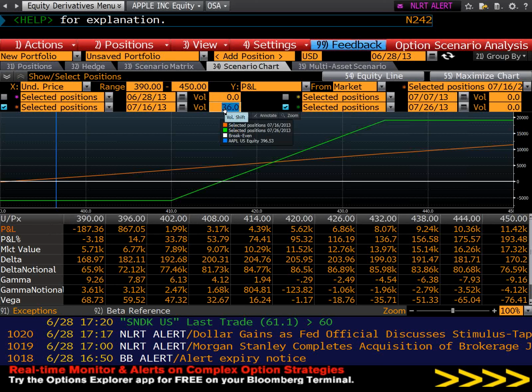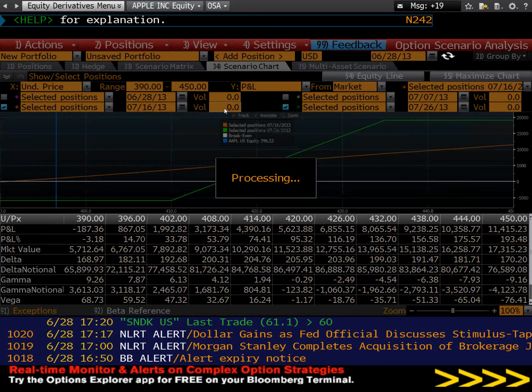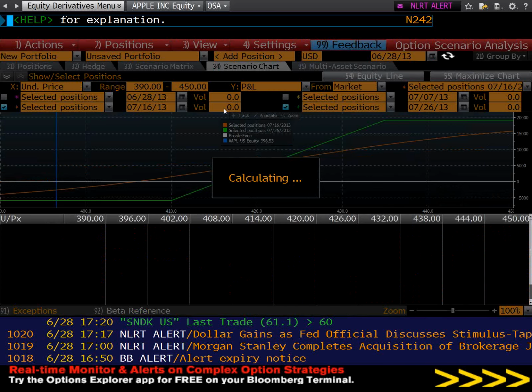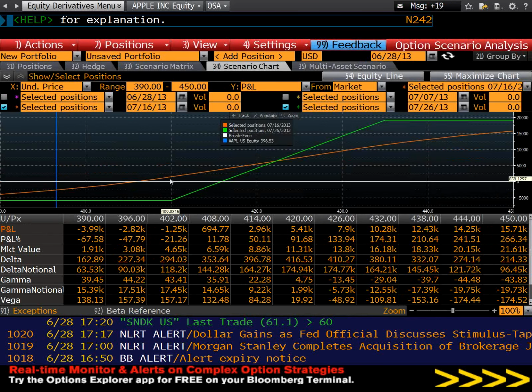If we bring the volatility down, if the volatilities do not expand going out to the 16, you can see that your profit at 410, and remember the stock right now is 395, so we're already assuming that the stock has moved up to 410, would be a measly $1,300.